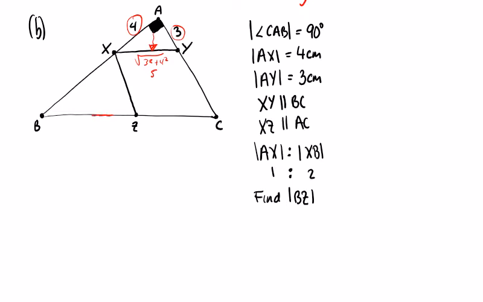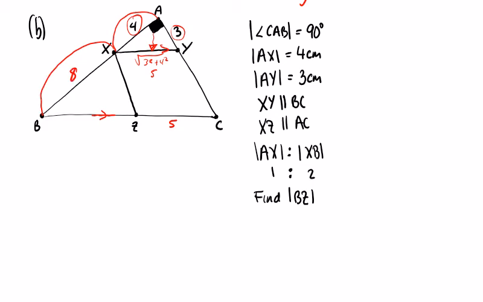These lines are parallel, going this way. And we're told that XZ is parallel to YC. Well, that would make this a parallelogram, so this must be 5 as well. AX to XB is 1 to 2. Well, if that's a 4, this would have to be an 8.